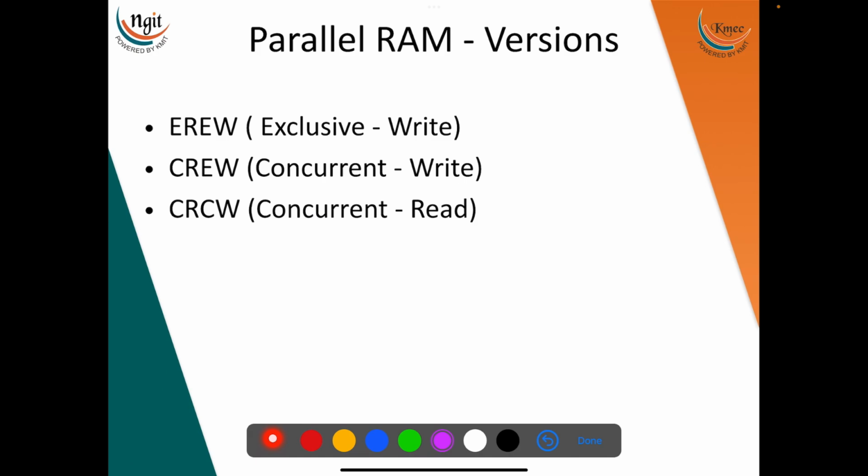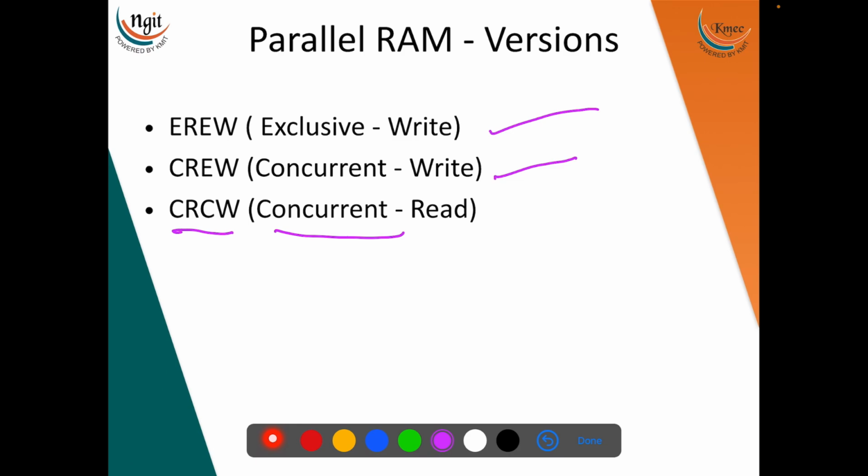Now we will see different versions of PRAM. There are basically three different versions of the PRAM model: EREW, exclusive read and exclusive write; CREW, concurrent read and exclusive write; and CRCW, concurrent read and concurrent write. Now let's talk about this.